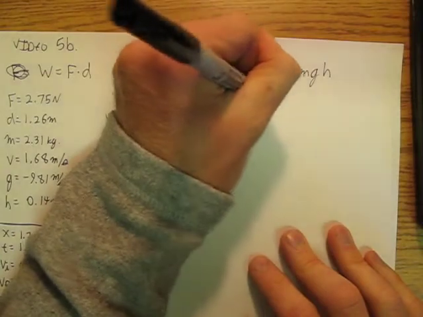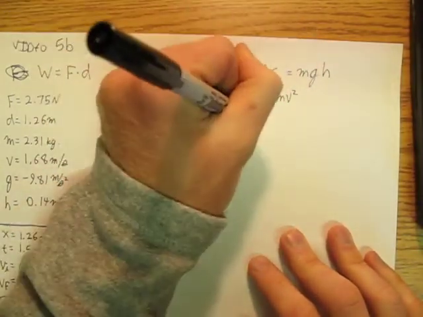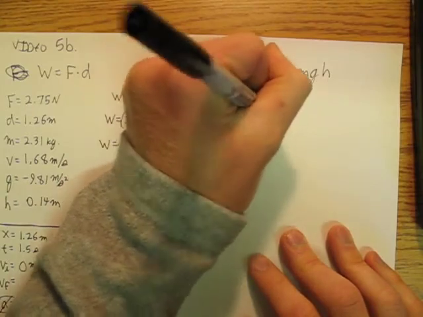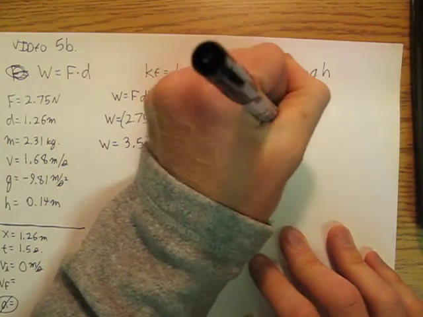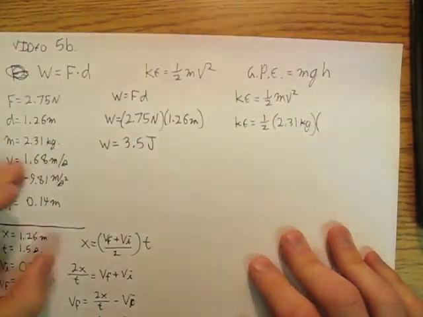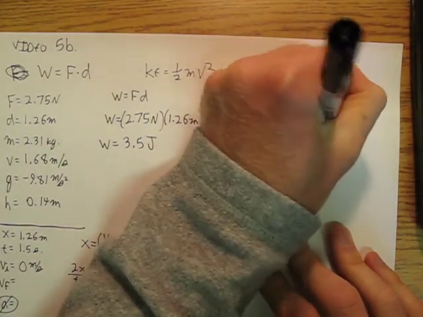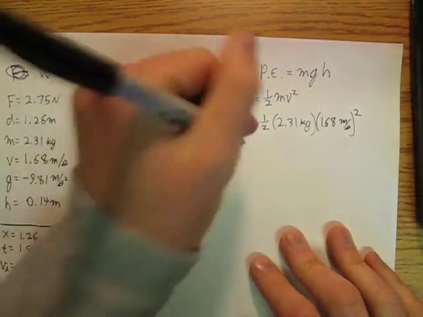Okay, so then from the top of the incline, I let it roll down, and so my kinetic energy at the very bottom was 1/2 of 2.31 kilograms times 1.68 meters per second, and remember to square that.